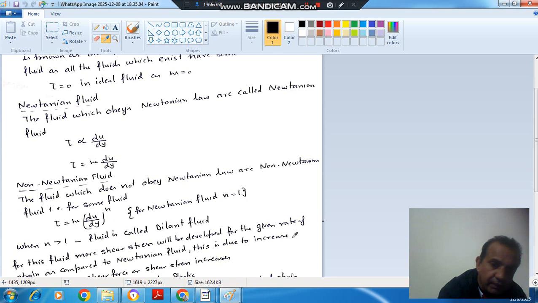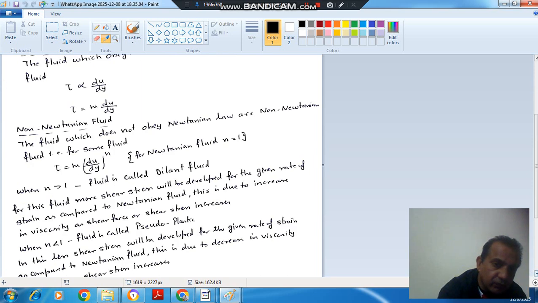If we take n greater than 1, then it is a dilatant fluid. For this type of fluid, more shear stress will develop for the given rate of strain, because here n is greater than 1 and this quantity will create more shear stress as compared to the Newtonian fluid.